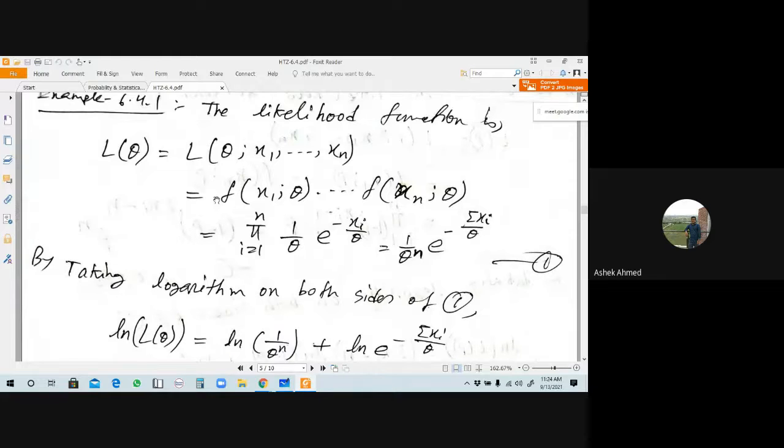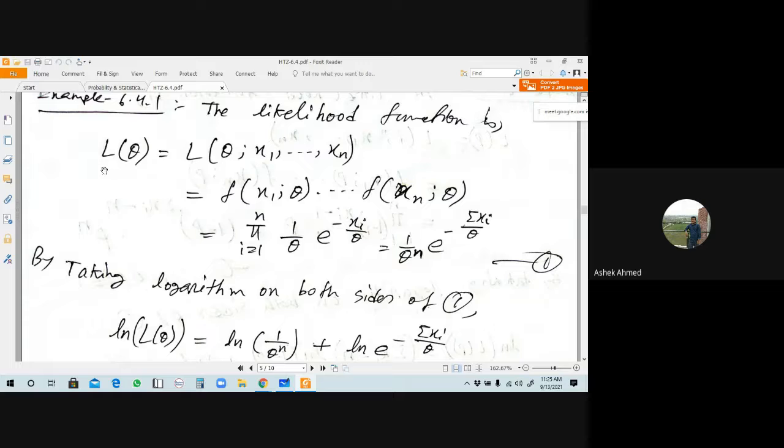Since we have to find the maximum likelihood estimation for theta, we have to differentiate with respect to theta. But theta is also in the denominator here, so if you differentiate this term with respect to theta, that procedure will be complicated.